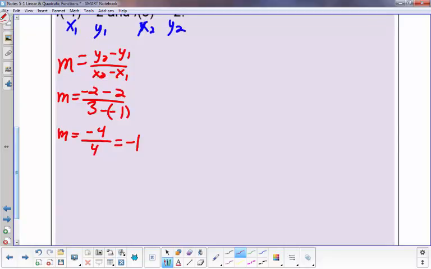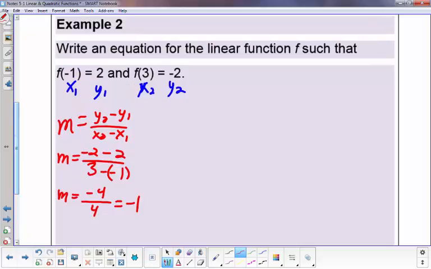And then of course, to get the equation of this line, we want to put it in point-slope form. Knowing that, that is y minus y1 equals m times x minus x1. And again, we can use either point for y1 and x1. I'm just going to use negative 1, 2.